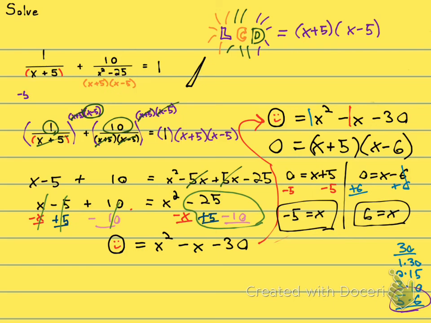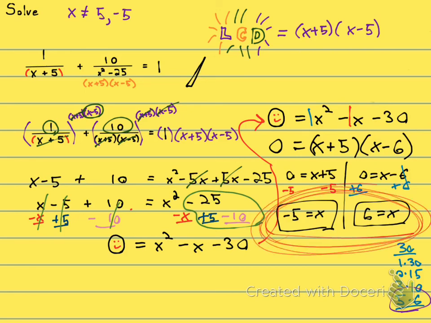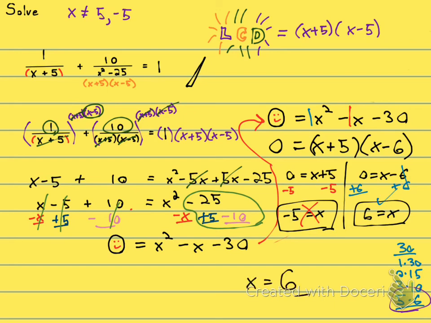Okay, so my domain restrictions, which I'm going to put up here at the top: x cannot be +5 or -5. And when I go to look at my two answers right here, I get -5 and 6. Now the 6 is going to work out just fine, but the -5 is not going to work out. That's an extraneous solution, and I just throw it away. So my answer here, x equals 6.